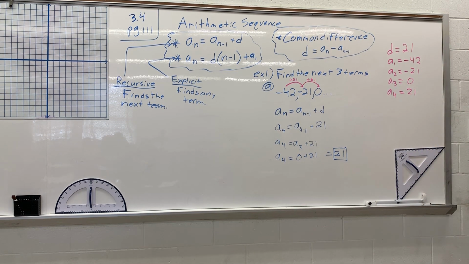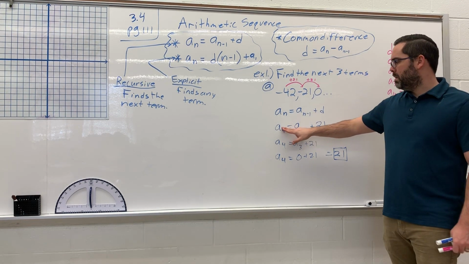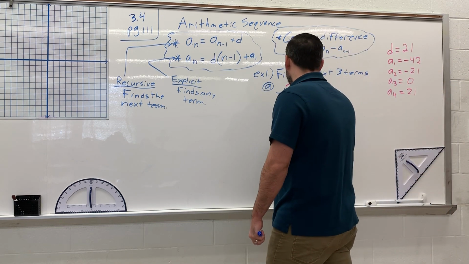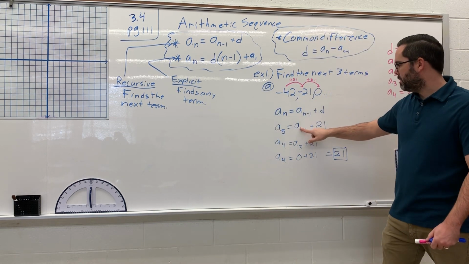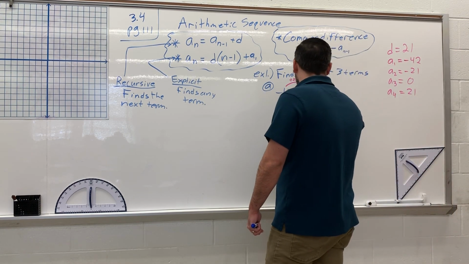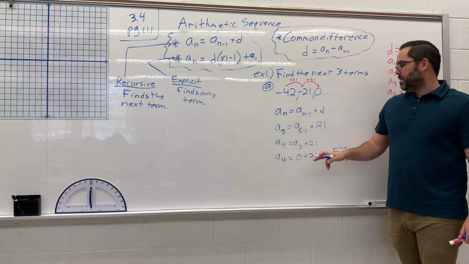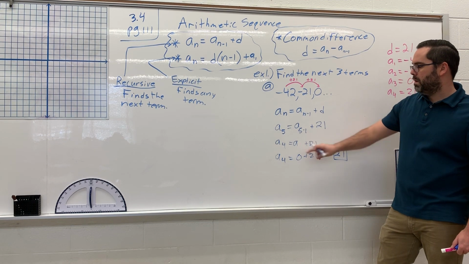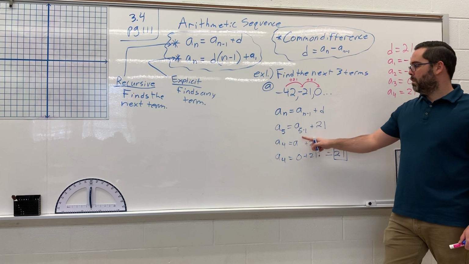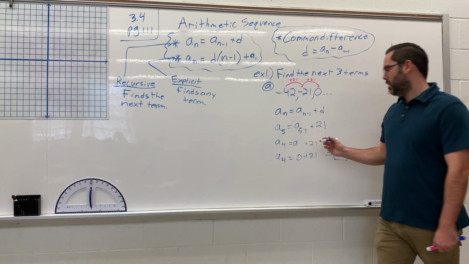All right, now we need to find a sub 5. So what would I do? Well, I would change this 4 to a 5. This 4 would change to a 5. So this would become what is 5 minus 1? 4.